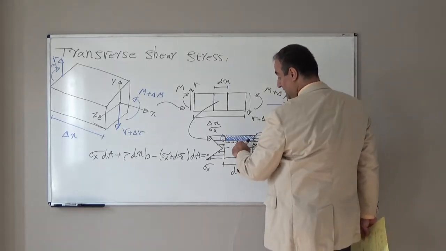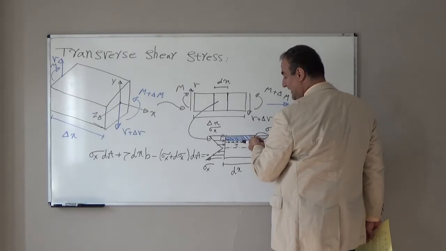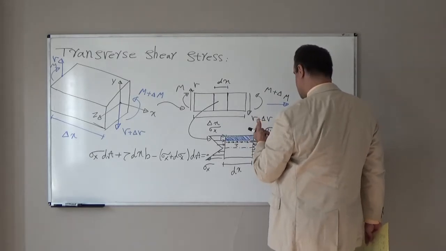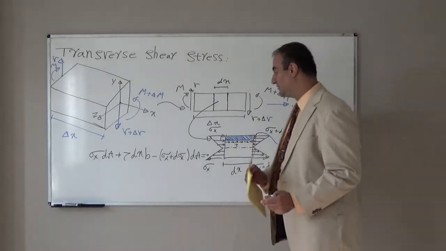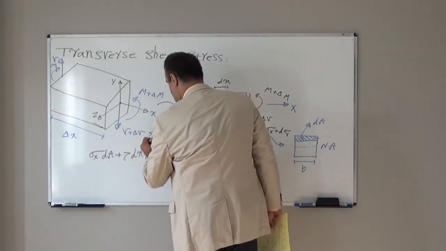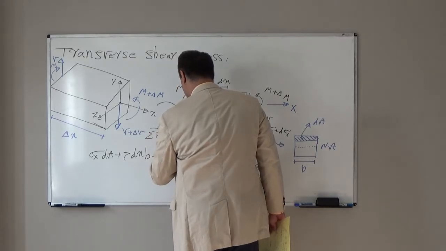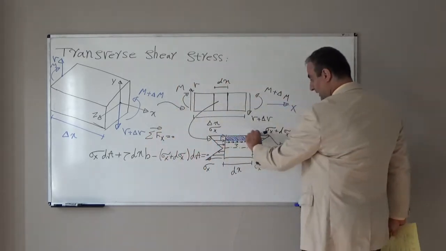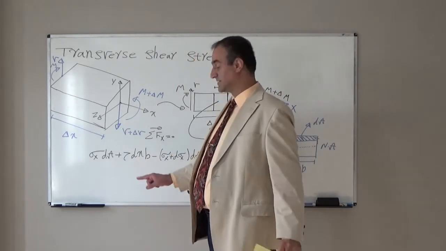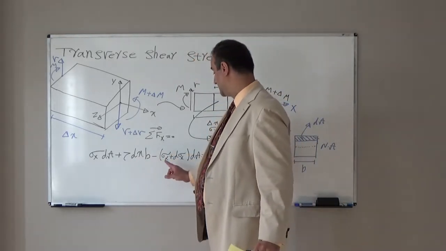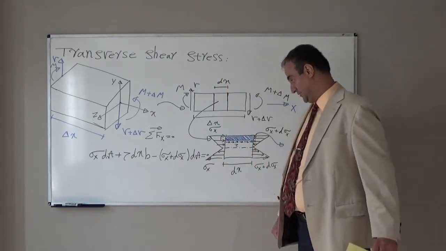Tau is tangent to this surface. That surface length is dx. Another side, which is perpendicular to the board, is B. So the equilibrium equation, summation of forces in the x direction for this blue part, will be sigma x times dA plus tau dx B minus sigma x plus d sigma x times dA is equal to 0.